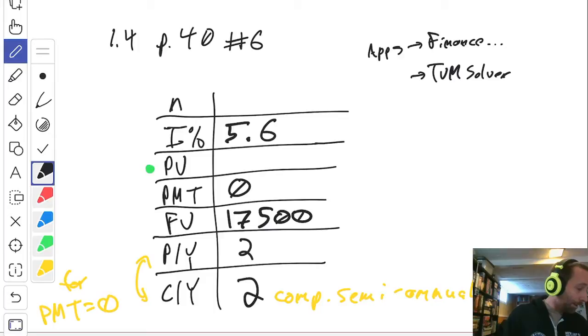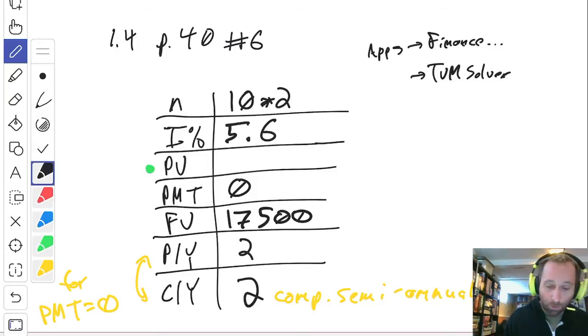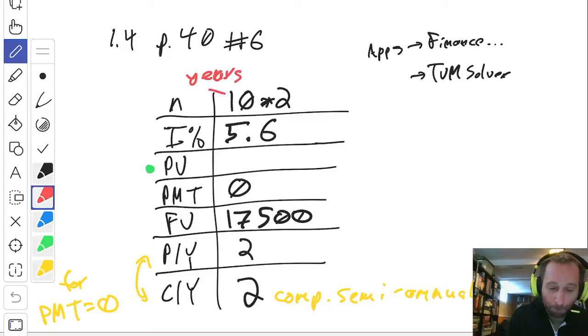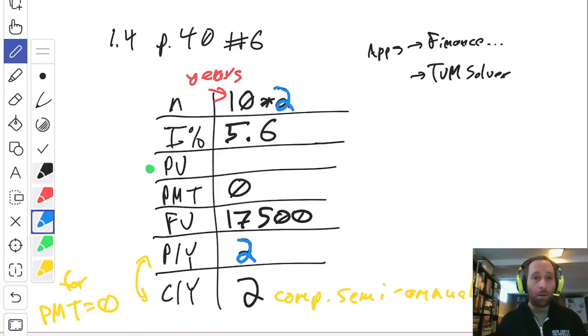Now, she needs this in 10 years, I believe. So N will be 10 times 2, and you can just put 10 times 2 in your calculator. It will show you the value of 20 when you do that. The 10 is because of the number of years, and the 2 is whatever value is in P over Y. All right, so what we want to do is find the present value.